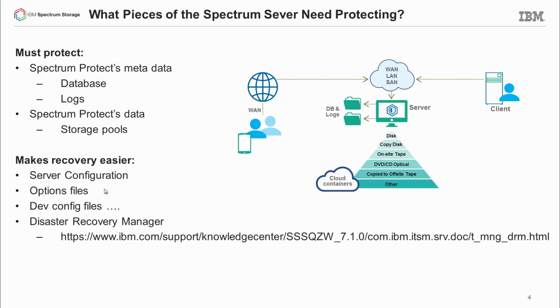In addition, it can track offsite volumes if you are taking those tape volumes offsite. So do check out the Disaster Recovery Manager piece if you don't already have that up and running, because it will create and consolidate a lot of the information that's going to make the recovery of your Spectrum Protect server easier if you lose your entire Spectrum Protect server.